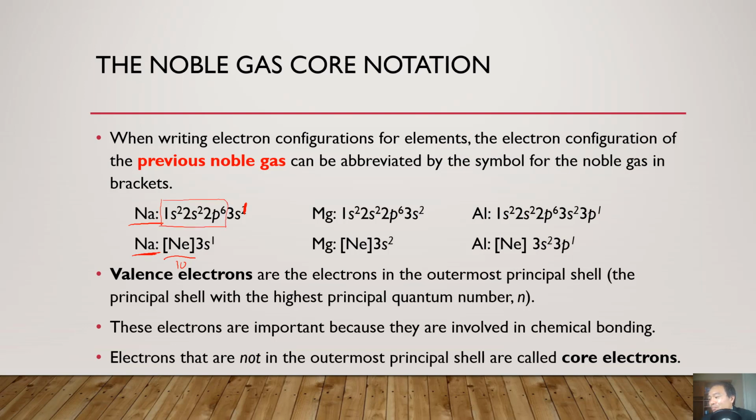You write neon to represent it, then you write the rest. This is the so-called abbreviated electronic configuration using the noble gas core in brackets. Similarly, you can do magnesium this way, using neon to represent the first 10 electrons. Now aluminum, similarly.